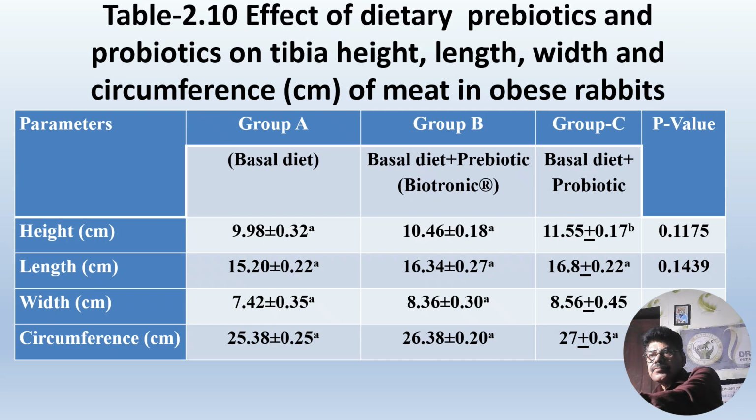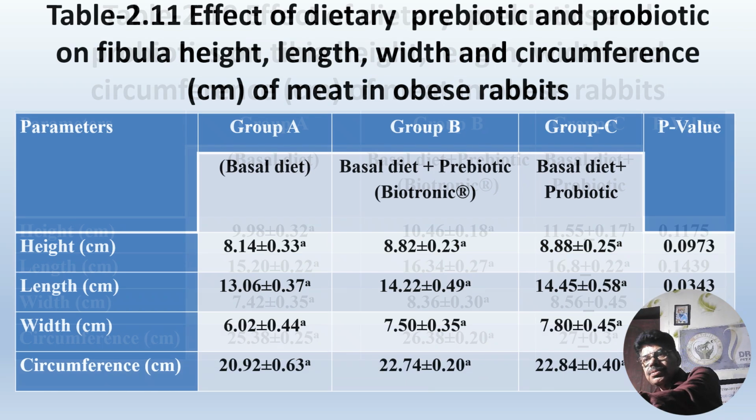Regarding the efficiency of a prebiotic or probiotic in obese rabbits, it was observed that the higher circumferences, width, length, and height were seen in the probiotic group.